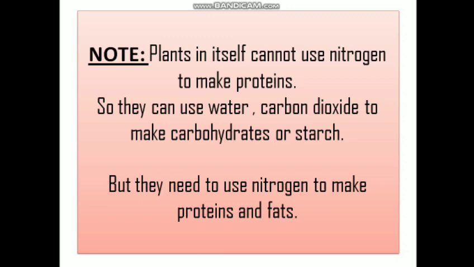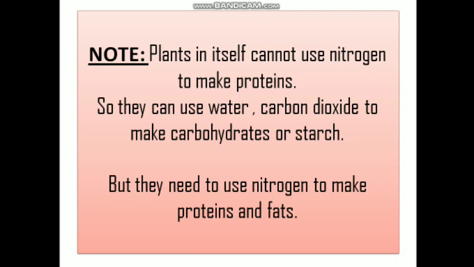They can use water and carbon dioxide to make carbohydrates or starch. But they need to use nitrogen to make fats and proteins. I know students, it is a little bit complicated, but it is very easy if you read it from the slide.